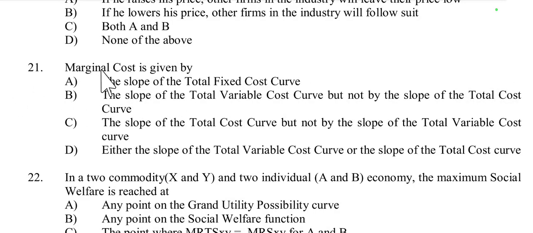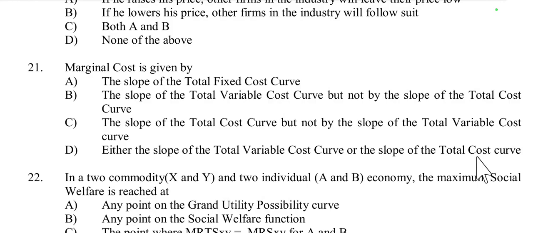Then question number 21, marginal cost is given by the slope of the total fixed cost, or the slope of the total variable cost but not the slope of the total cost curve, or the slope of the total cost curve but not the slope of the total variable cost, or either the slope of the total variable cost or the slope of the total cost.